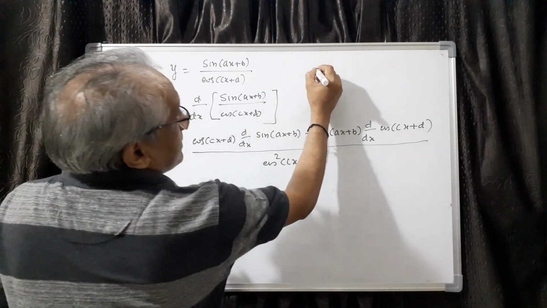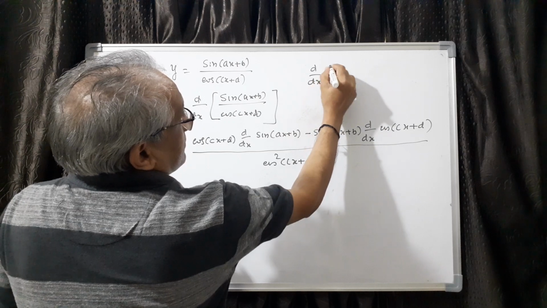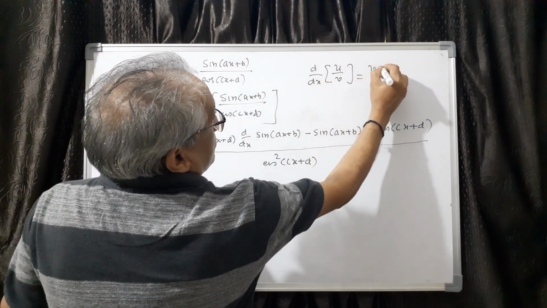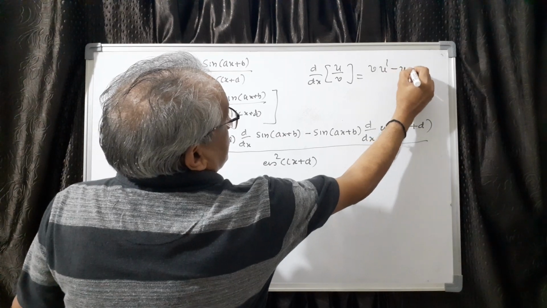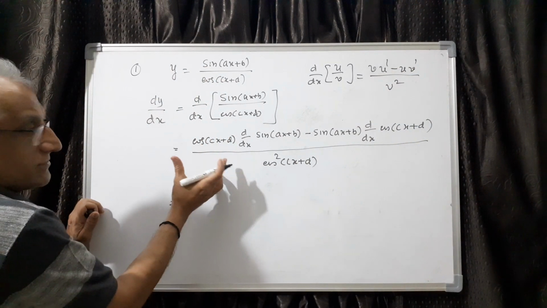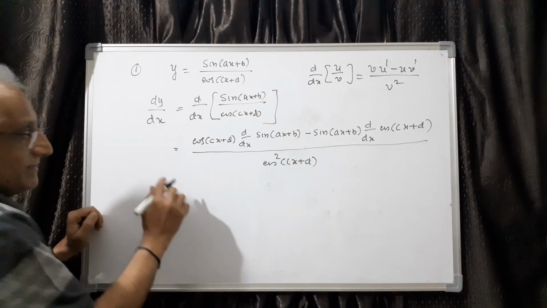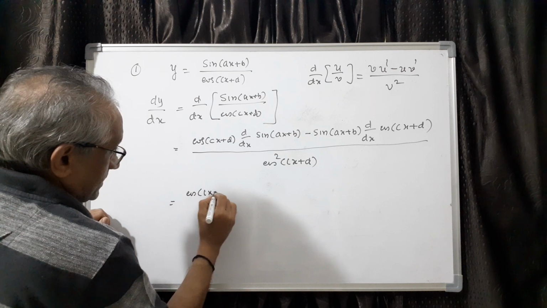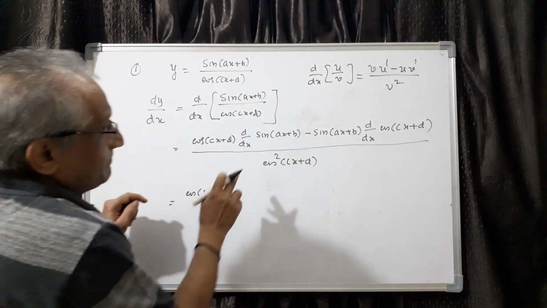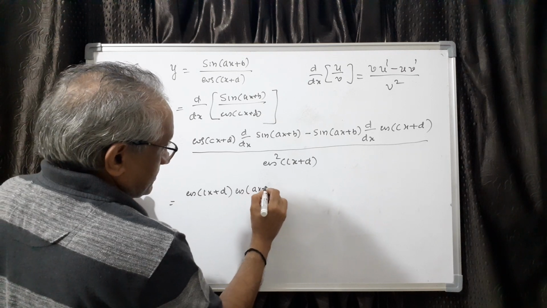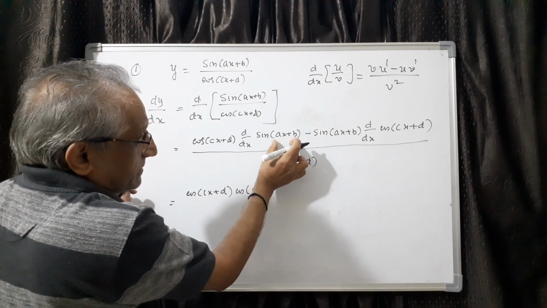Last year I have studied d by dx of u by v equal to v into u dash minus u into v dash by v square. Now substitute, use the direct method. Therefore differentiation of this. So this will be cos of cx plus d, and then differentiation of sine is cos of ax plus b into differentiation of this is a.